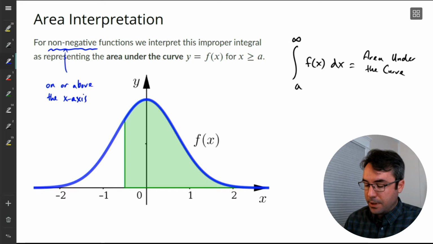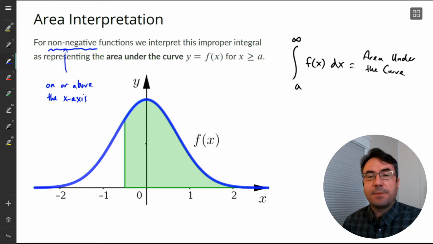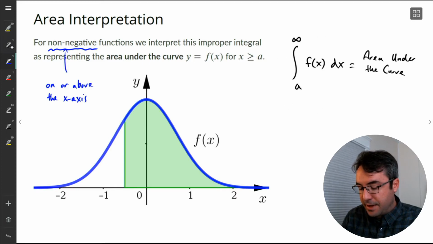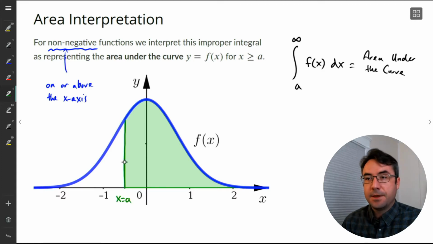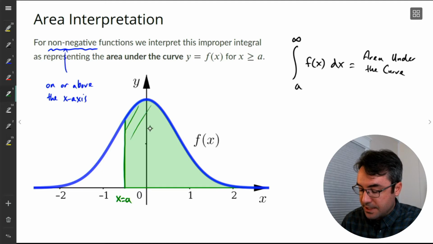And so when we calculate this improper integral, we're thinking of it as calculating the area starting at x equals a. So our region is going to start at x equals a, and then it's going to extend infinitely far to the right.